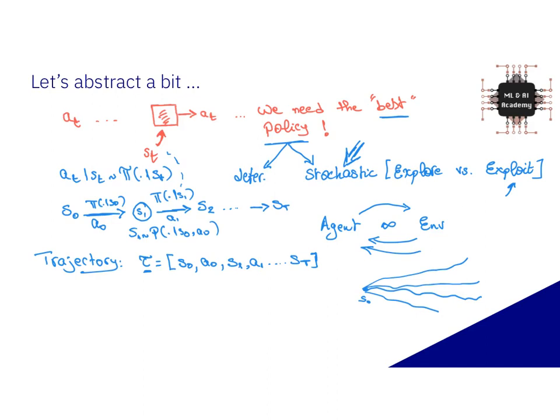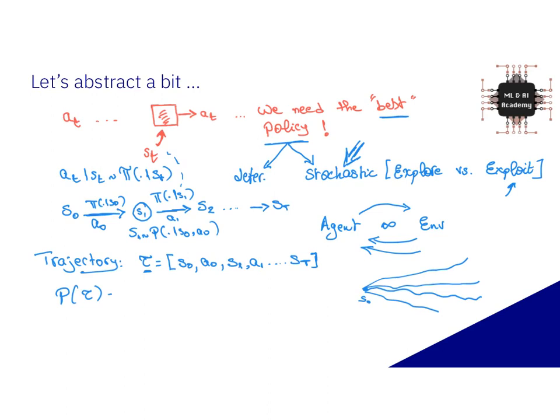If it is a random variable, then I can define a density over that trajectory tau. So now I can ask the question: what is P of tau? Since tau is stochastic because the transition is stochastic and the policy is stochastic, what is the density over that stochastic entity?